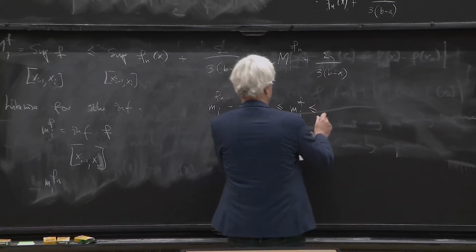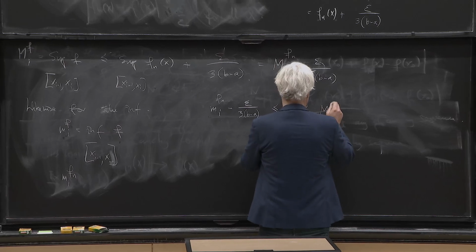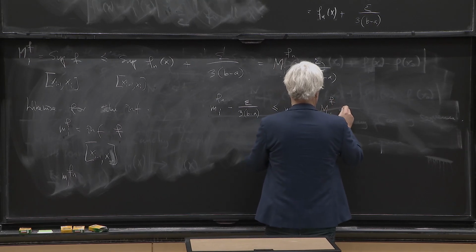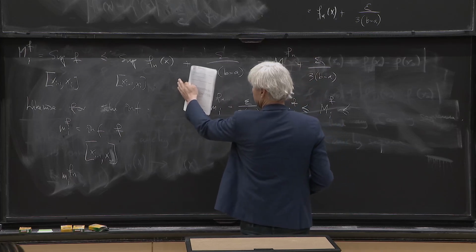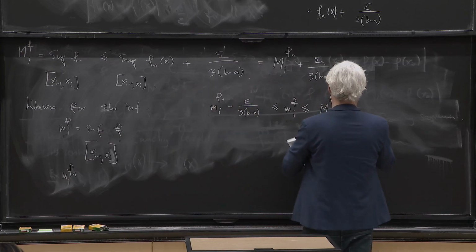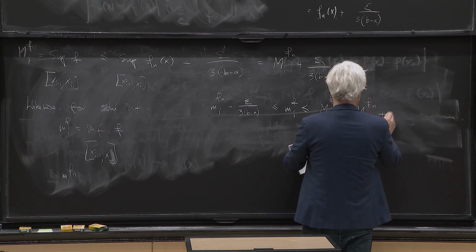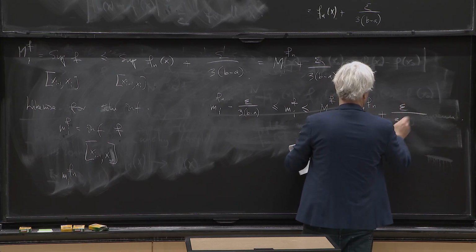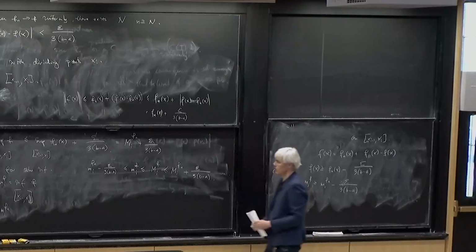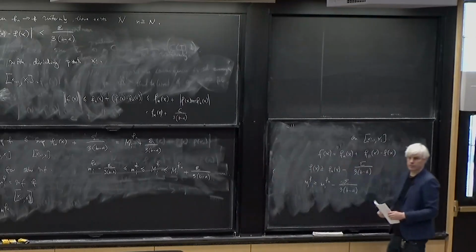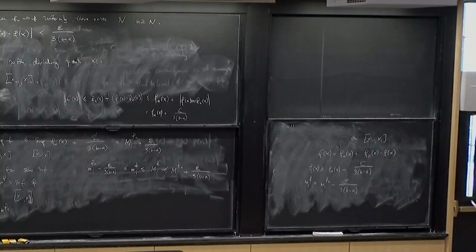This is less or equal to the maximum of the function on the same interval, and then this equality here was that it's bounded by this guy here plus epsilon over 3(b minus a). Okay. So this is for the little m_i's and the capital M_i.